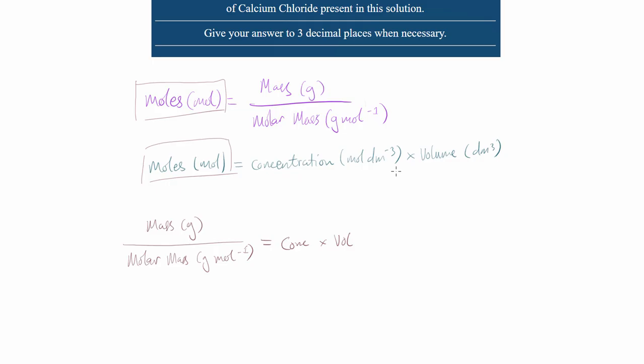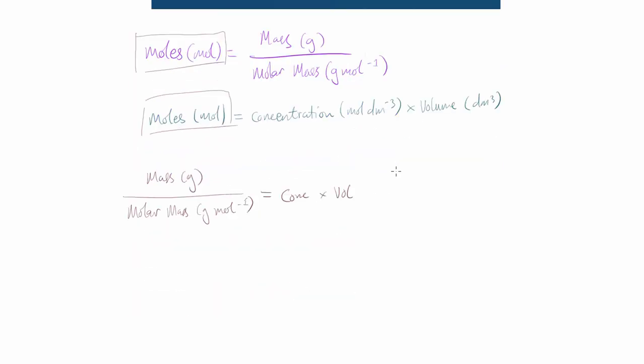At this stage, we have not yet made mass the subject of the equation, and we've been asked to work out the mass. So I'm going to multiply both sides of the equation by molar mass, which I'll write as mR. The molar mass on one side cancels, giving 1 times the mass, which is just the mass.